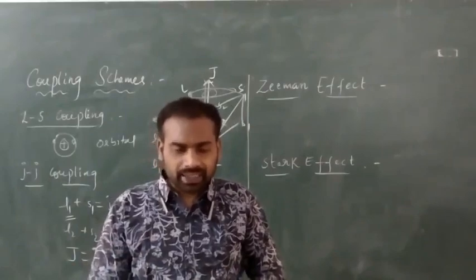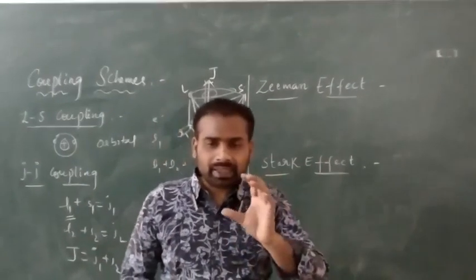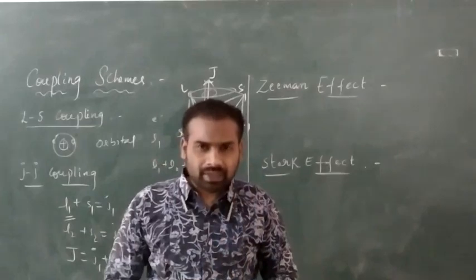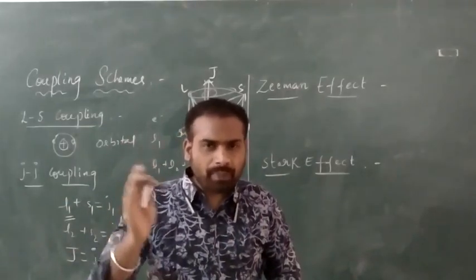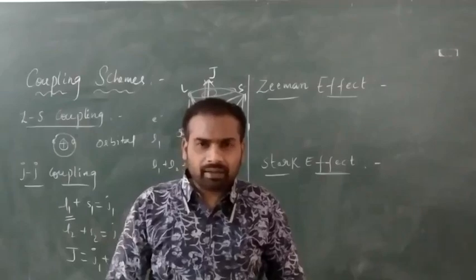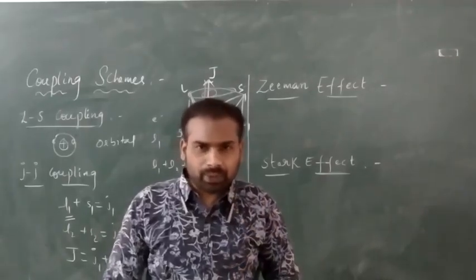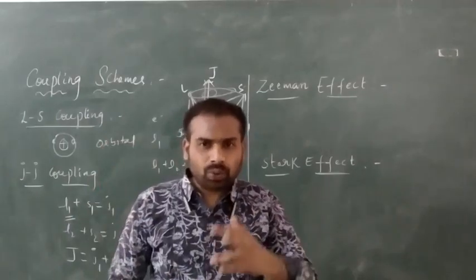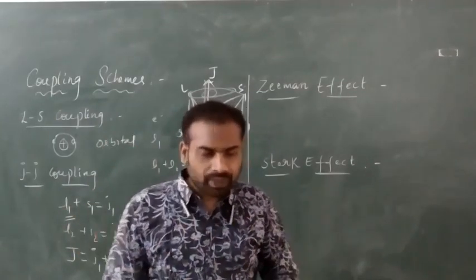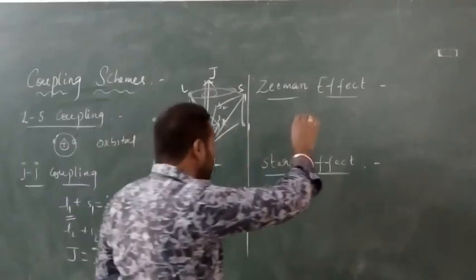When we keep a strong magnetic field, this line spectrum will be split into three components in transverse view and two components in longitudinal view. See, here what is Zeeman effect?